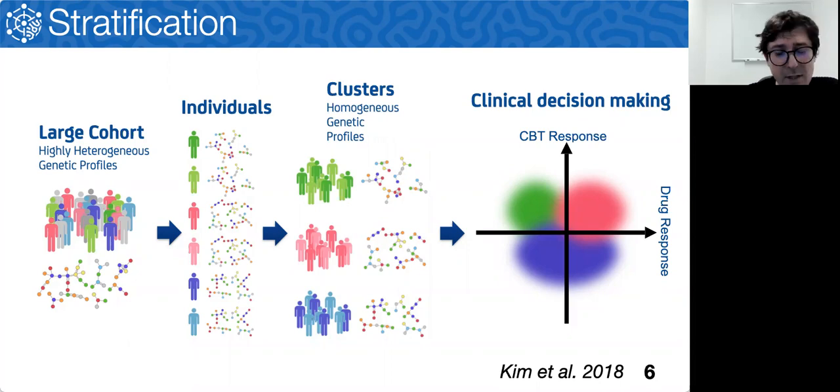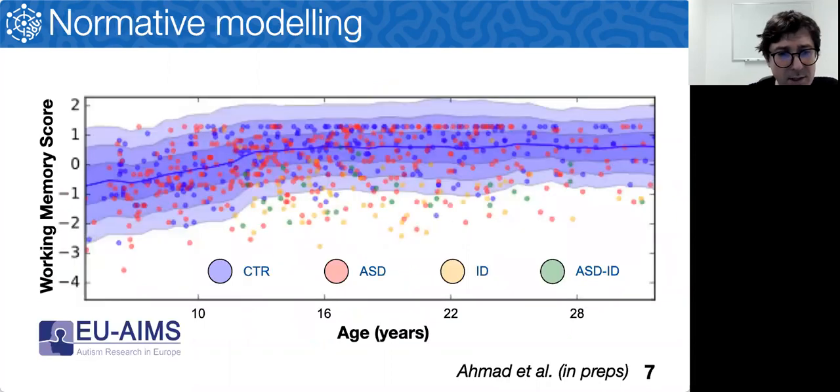But these are more like discrete choices. If you need a more continuous account, for instance, for assessment and staging and following the progress of a developmental trajectory or patient trajectory, I've been working also on another method called normative modeling, where instead of having this kind of dichotomy, case versus control, you try to describe in a continuous fashion the trajectory of patients.